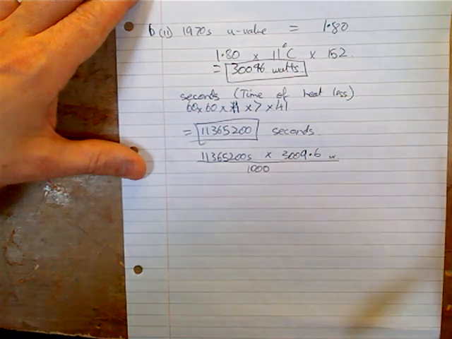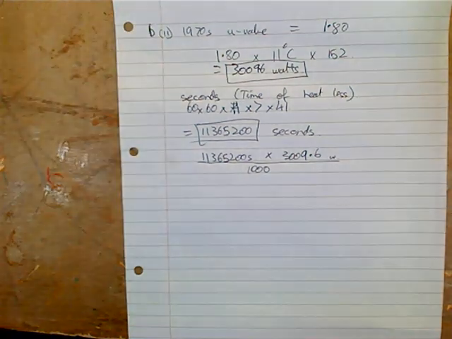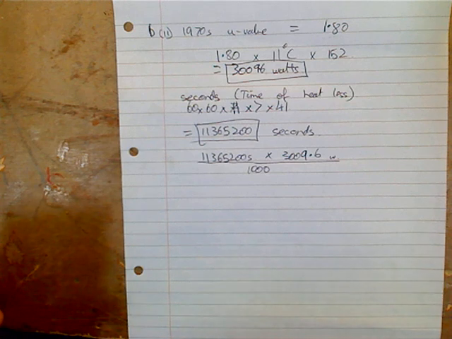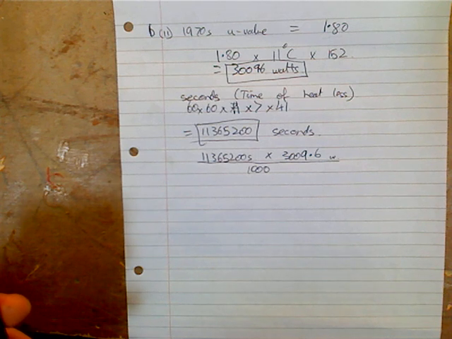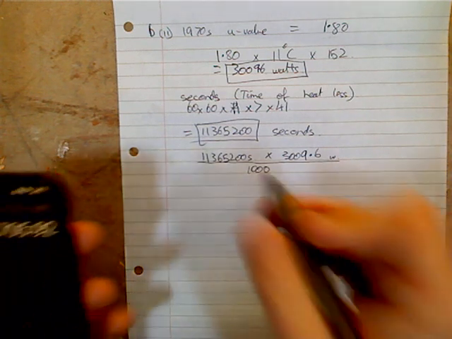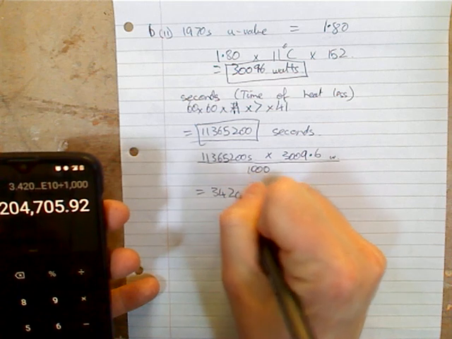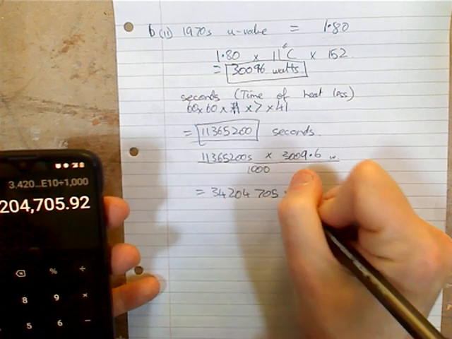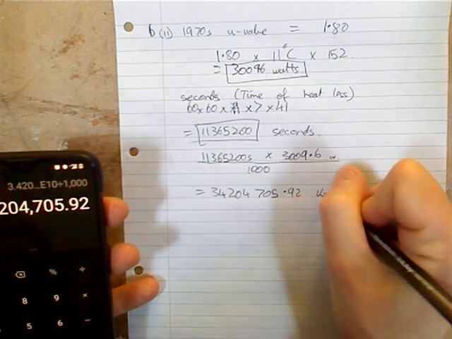Okay, and that value then gives us, my calculator just doesn't have enough screen on it to work, so I'm going to do it on my phone. 11365,200 multiplied by 309.6 divided by 1,000 equals 3,518,705.92 kilojoules. Okay, am I right so far?